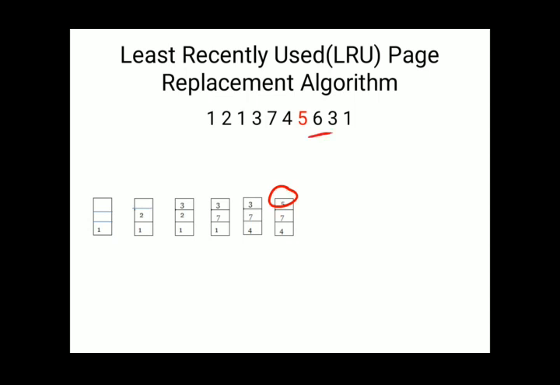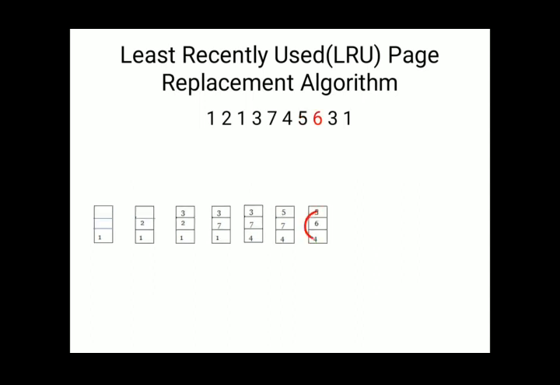For inserting the 6 we have to replace the element 7, because we just inserted 5, before that 4, and before that 7. So we insert the 6 in place of 7.